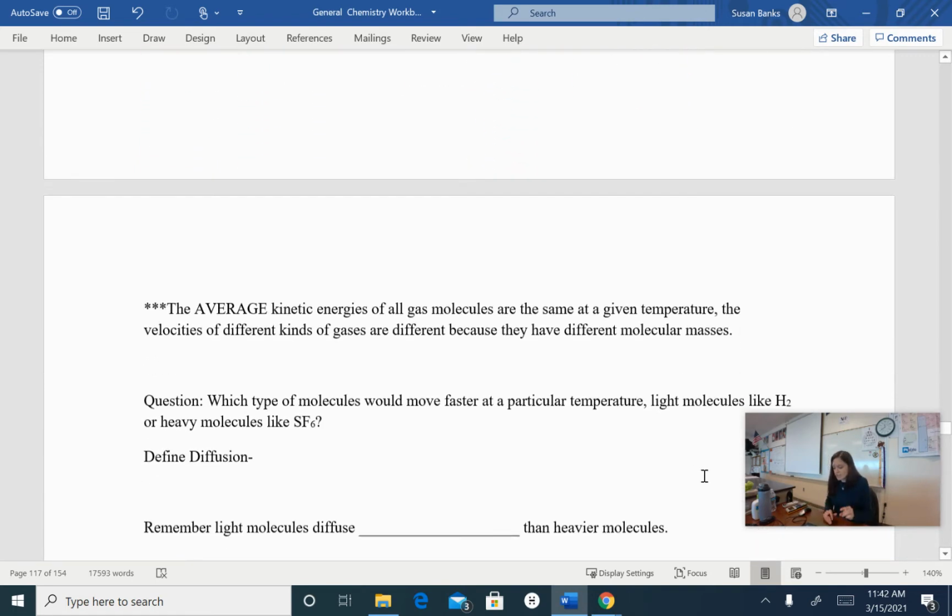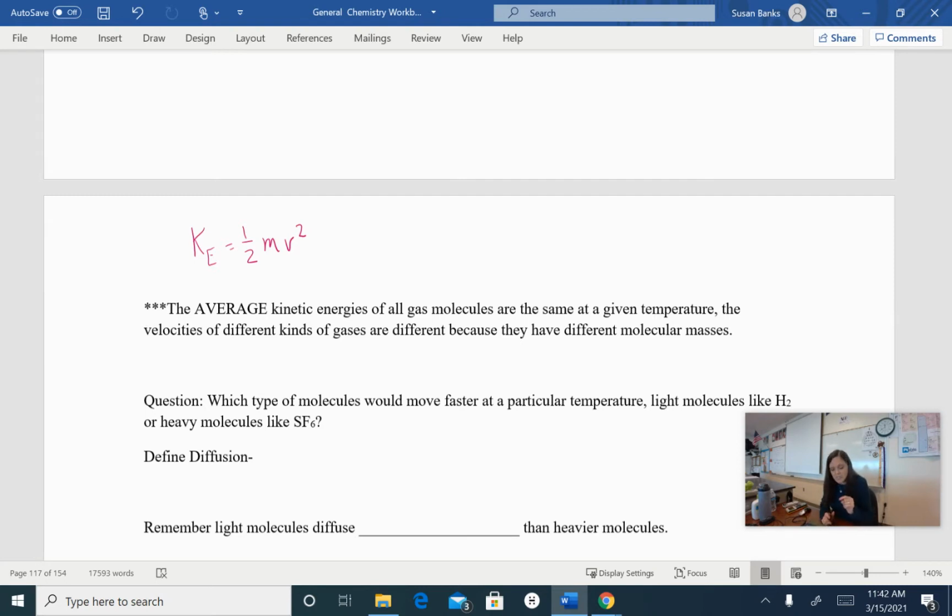So kinetic energy is also a matter of force. And in physics, the equation for kinetic energy is 1/2 of the mass of the object multiplied by the velocity squared. Velocity is just a fancy word for speed, how fast something is traveling. So think about this.